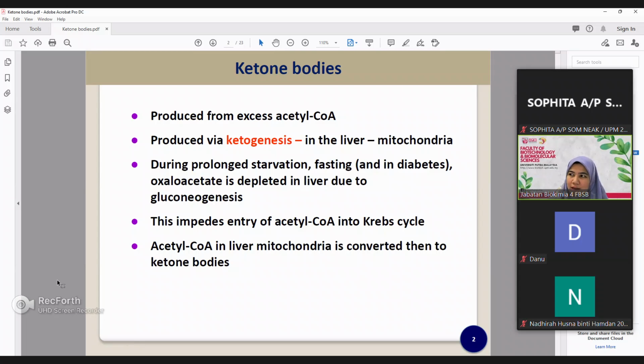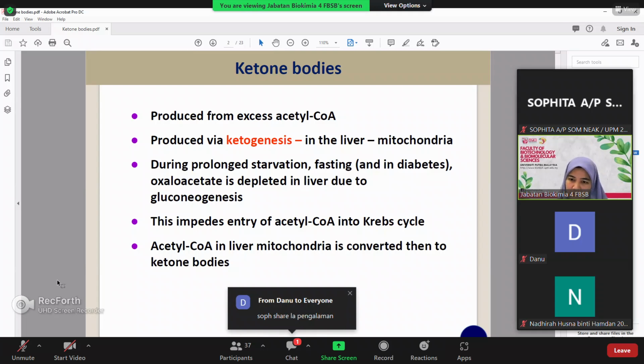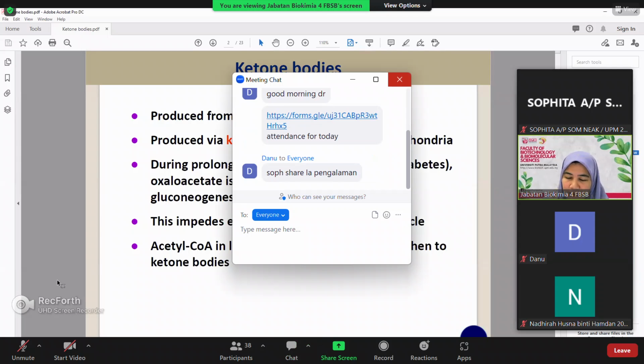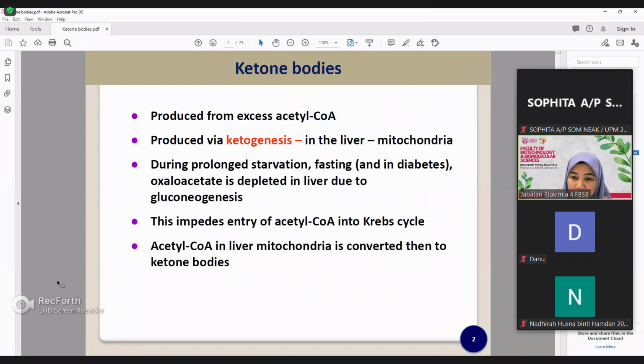Are you taking a very high diet on fat? How about the carbohydrate? How about your protein? So basically, keto diet is when you practice taking a very high fat diet with very low carbohydrate. So that's one: keto diet.